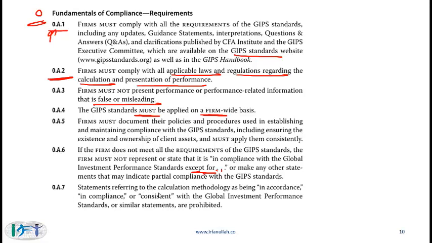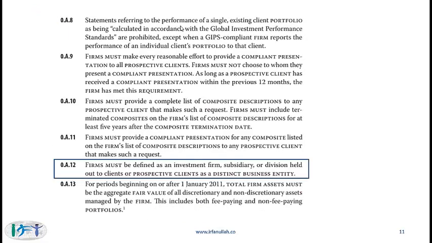Statements referring to the calculation methodology as being in accordance with, or in compliance or consistent with GIPS are strictly prohibited. Statements referring to the performance of a single existing client portfolio as being calculated in accordance with GIPS are prohibited, except when a GIPS compliant firm reports the performance of an individual client's portfolio to the client.